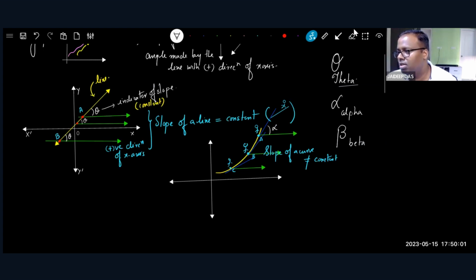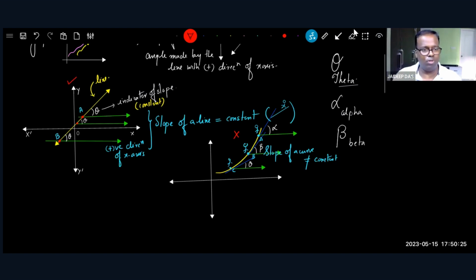Let me call it alpha. Let me call it beta. Let me call it theta. You yourself tell me, don't you see alpha is most steep, followed by beta? So alpha steep means slope at A is the highest, slope at B is medium, and slope at C is the least. We will not be discussing this one too much in detail. Our discussion will be more on slope of a line.